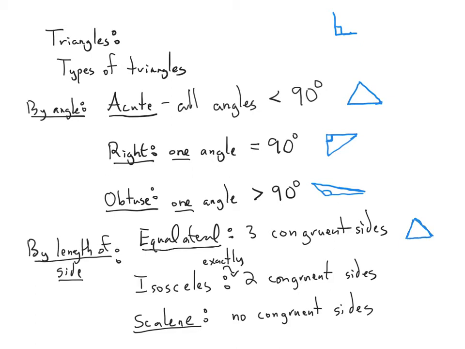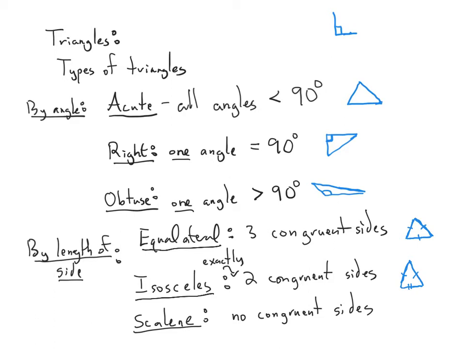And because this is just a sketch and I want you to see that for sure, I'm going to put little tick markings to say that those sides are congruent. Isosceles triangles have exactly 2 congruent sides. So something that looks like that, and the other side is not congruent to the other 2.